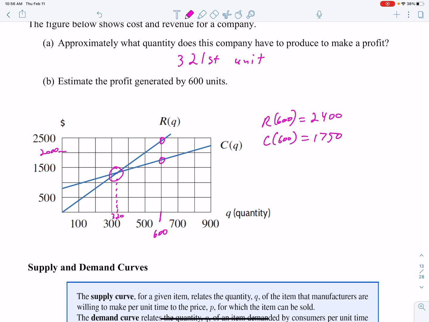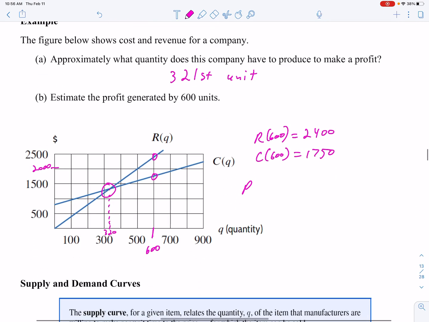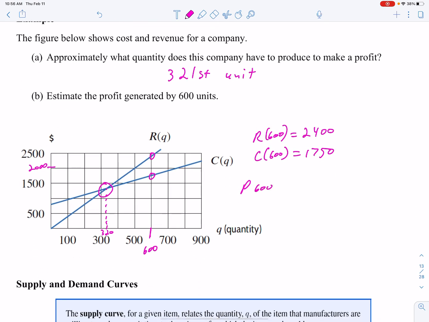So then we're going to simply subtract, right? Profit at 600 is the revenue at 600 minus the cost at 600.